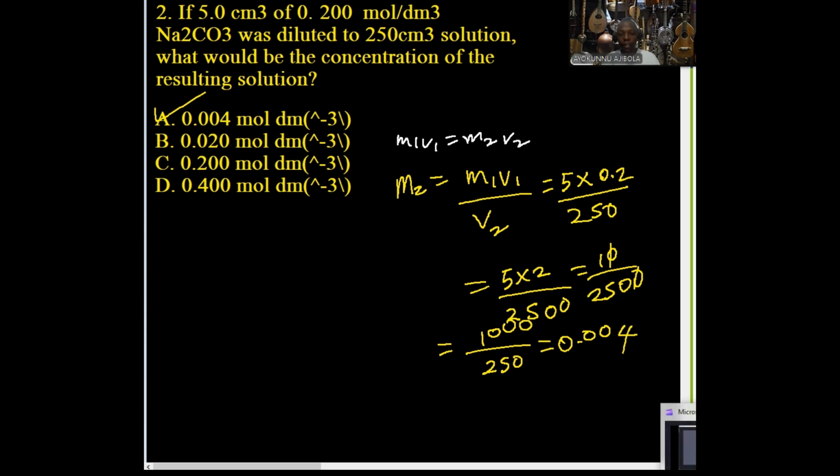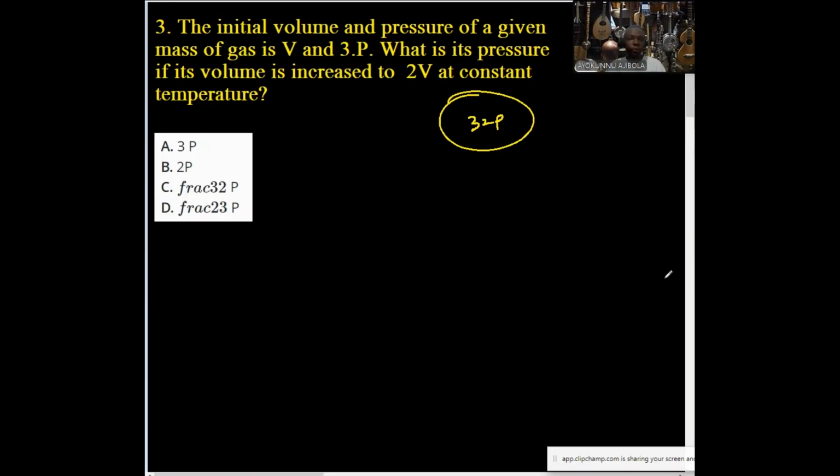So I'm going to bring the next question right now. In this question, we're talking about the initial volume and pressure of a given mass of gas, then the final volume and the pressure of the same mass of gas. So we have the formula P1V1 equal to P2V2.